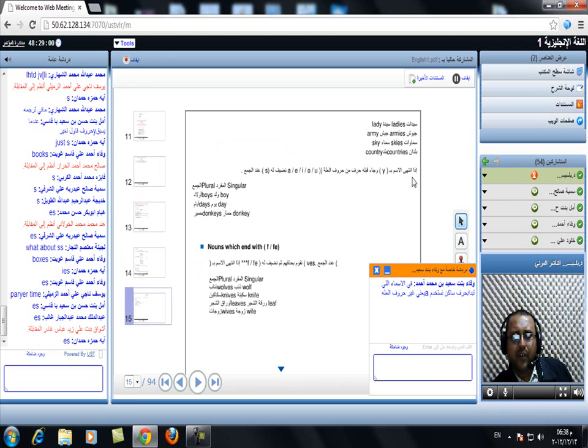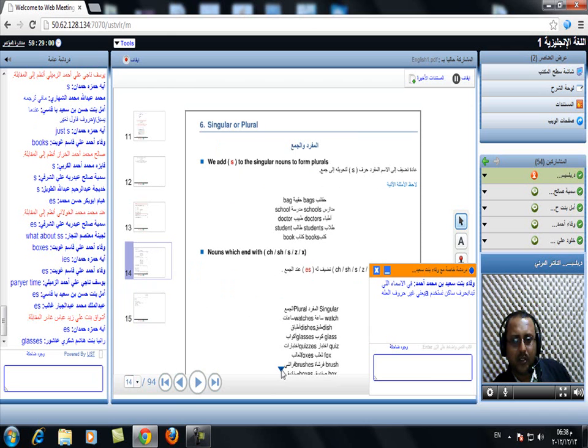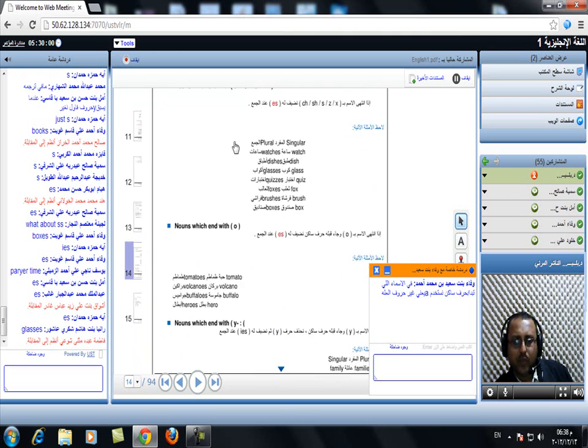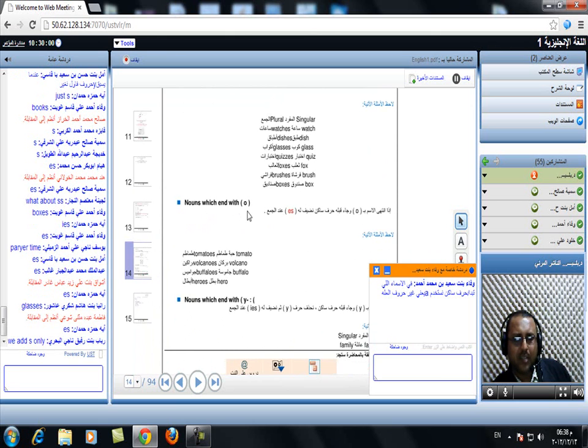Okay, if the verb ends with Y and it is preceded by one of the vowel letters, we cannot change it. Let's go back to here. Okay, so we have something here. Nouns which end with O. What about nouns which end with O?